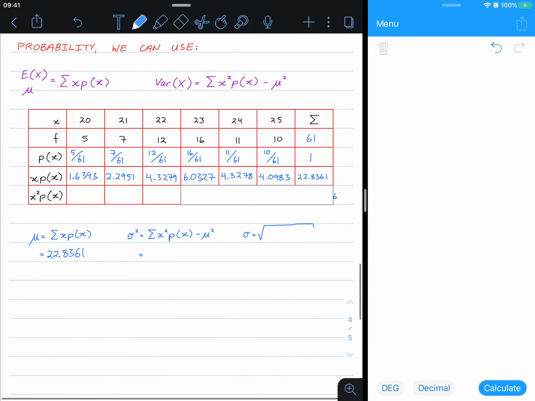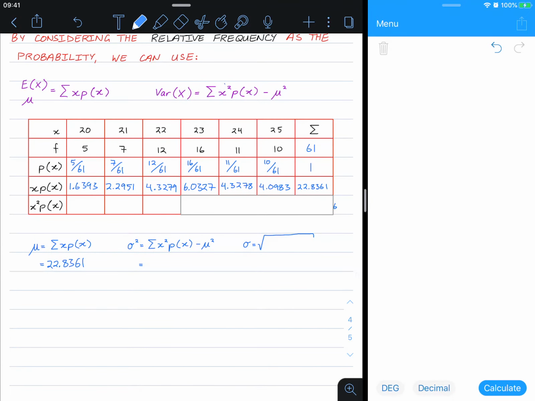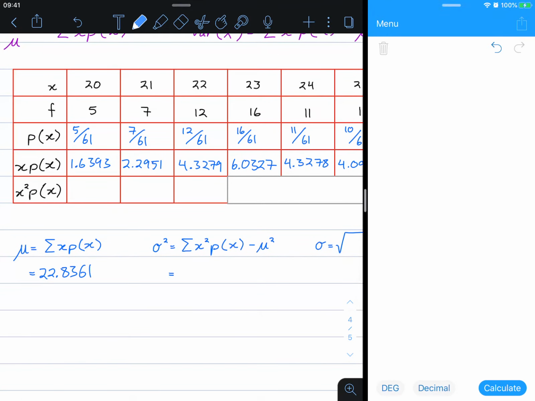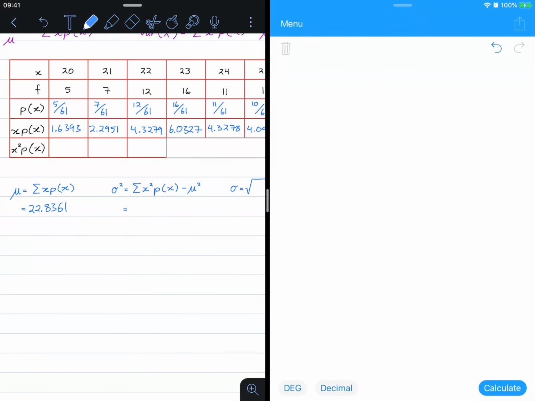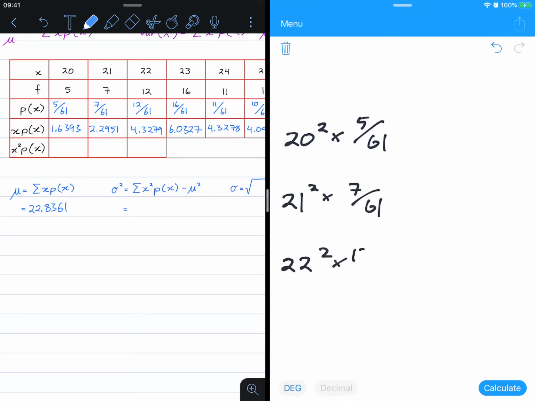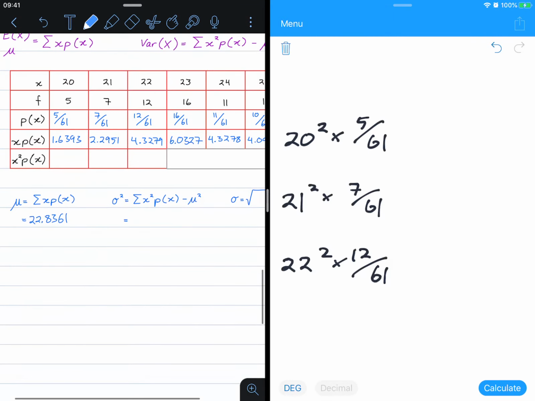Following the same procedure for the variance, we now need to take x squared times the probability. So this will be 20 squared times 5 out of 61, 21 squared times 7 out of 61, 22 squared times 12 out of 61.